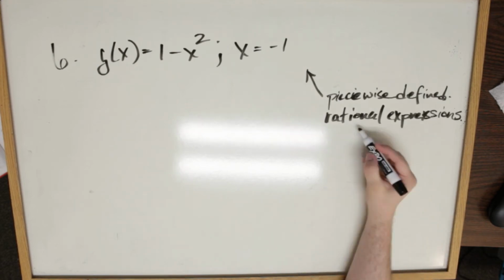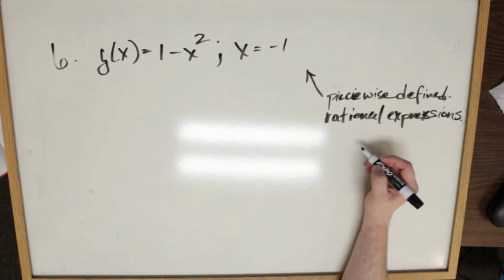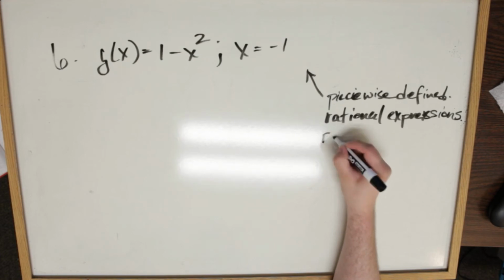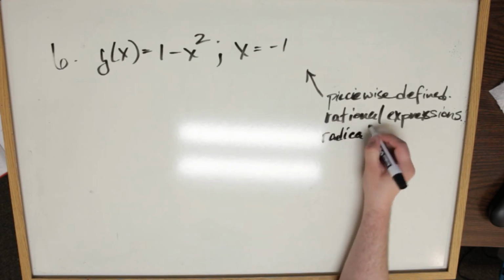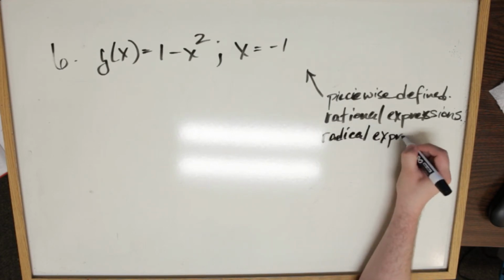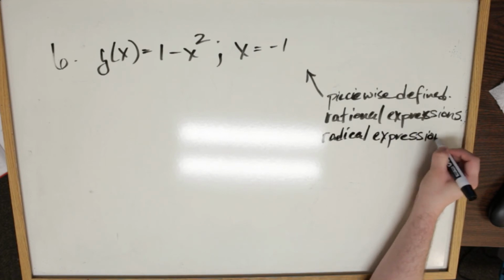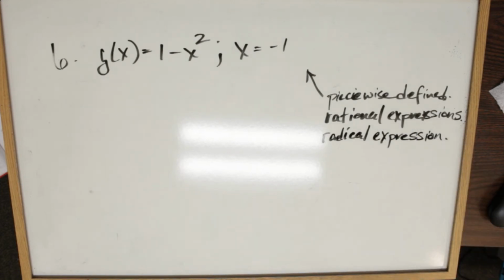That's what this is referring to, okay? Or a radical expression as well, okay? Remember, the domain is only dealing with real numbers. You can't have imaginary numbers. So if you have a negative value under a square root, you will have a failed domain.